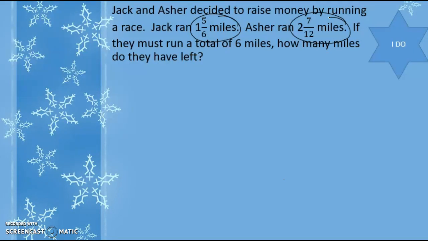Okay, let's think. We have Jack and we have Asher. So we have what they've done so far. If we add them together, we'll know what they've done so far. But then we also know that they have to have a total of 6 miles. So they've started already, and we know what those numbers are. And then we have what they need to have by the end. Remember, we're setting up our equation.